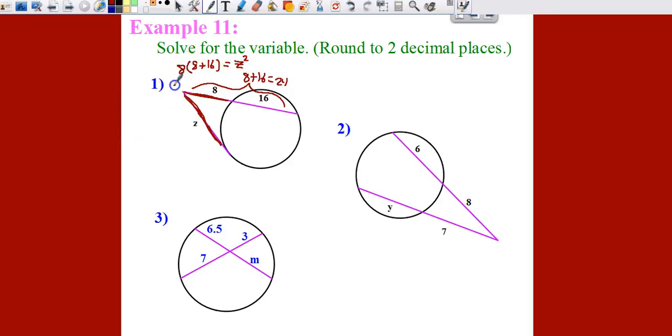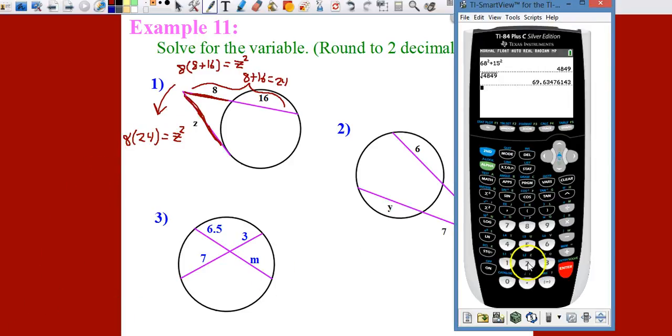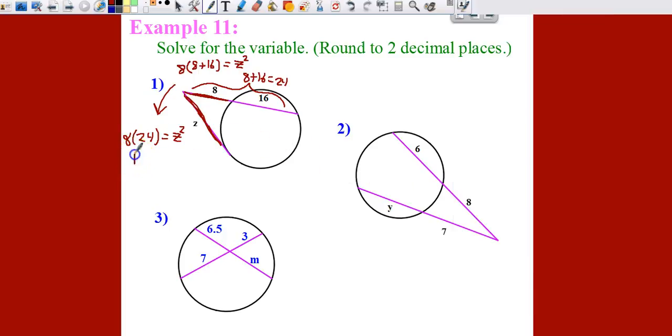So 8 times 24 equals z squared. And 24 times 8 is 192, and we're going to take the square root of that. So z is going to be the square root of 192.